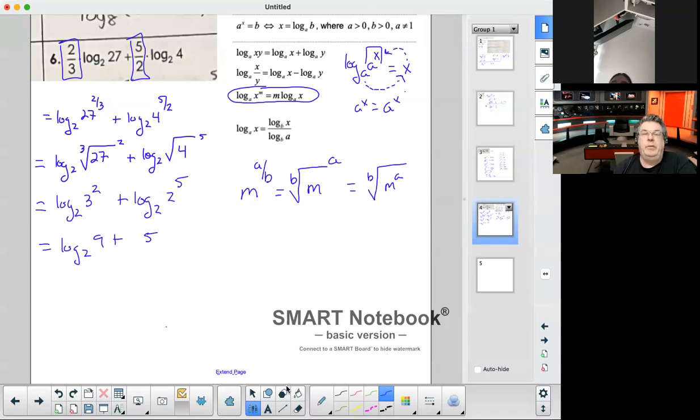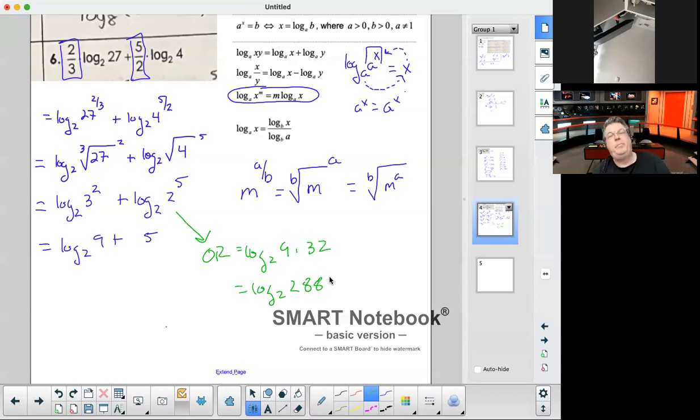The other way to go is log base 2 of 9 times 32, using that rule, equals log base 2 of 288. And either solution should make your teacher happy. I put log base 2 of 288. Yeah, I would think either one would make him happy.